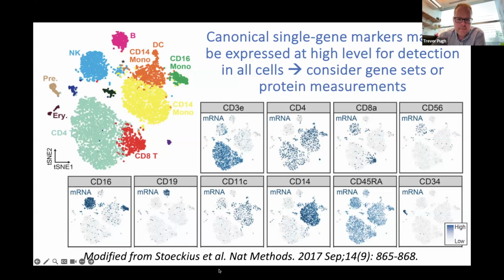This is an example from this Nature Methods paper. They had this collection of cells, but you can see when you color individual cells by individual transcripts, they're not all expressing these transcripts at the same level, even within a single population.